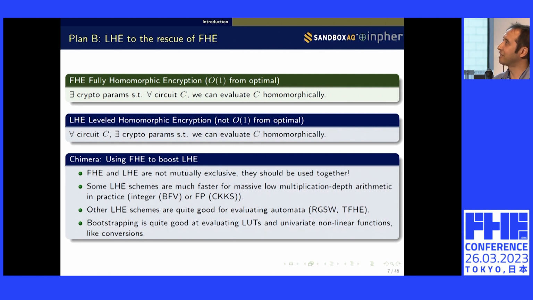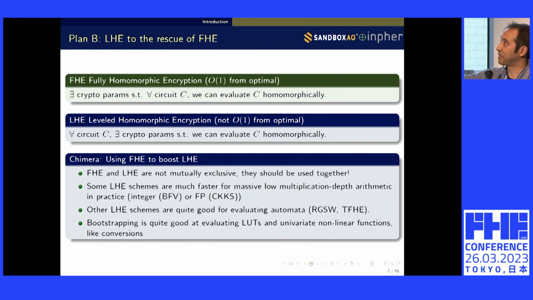So Chimera is really the idea to combine the two ideas. So FHE and LHE are not mutually exclusive. It's not either you use FHE or you use LHE.